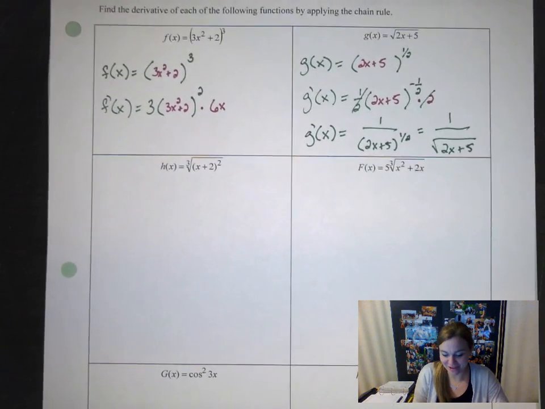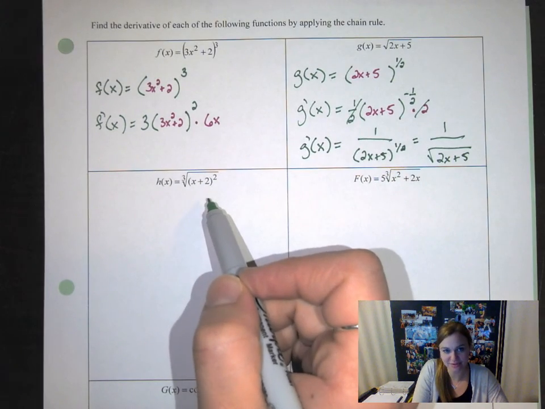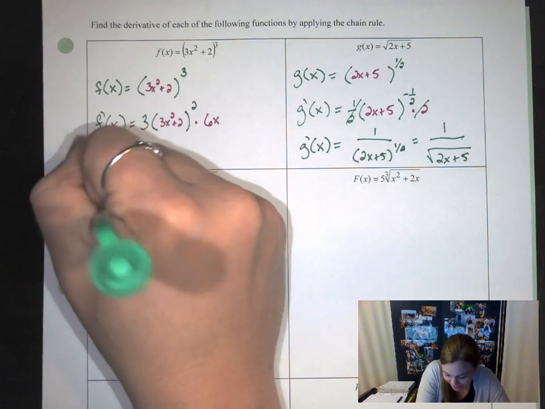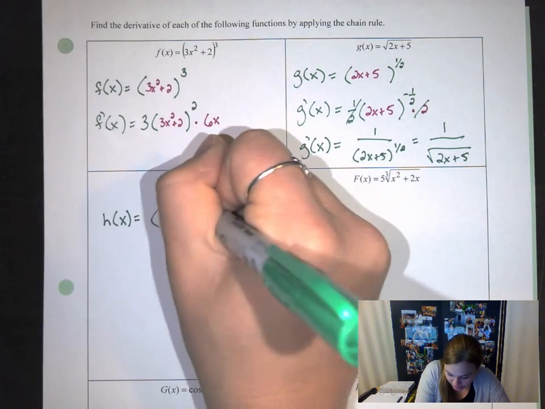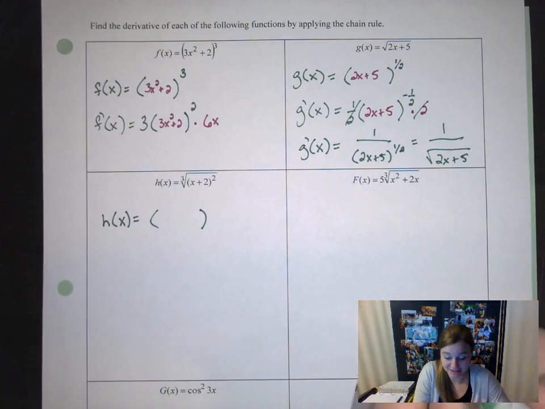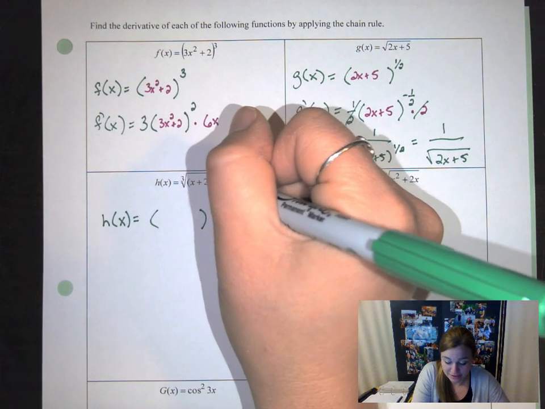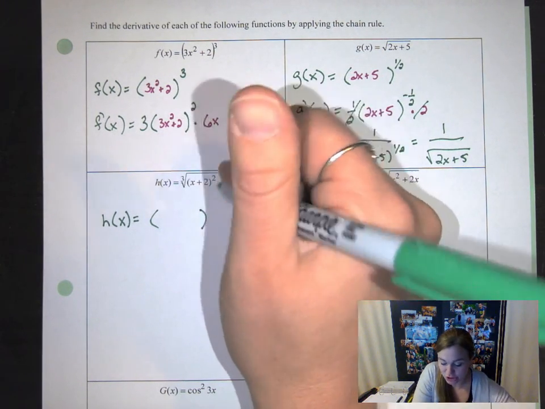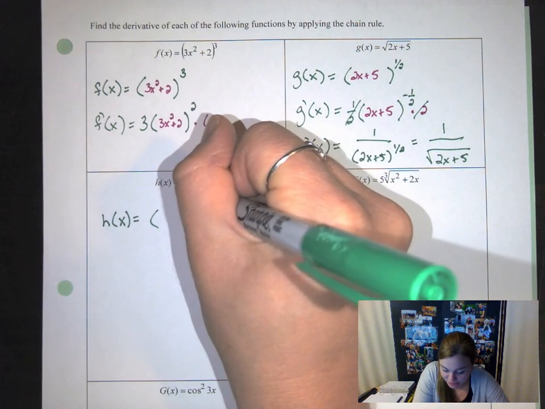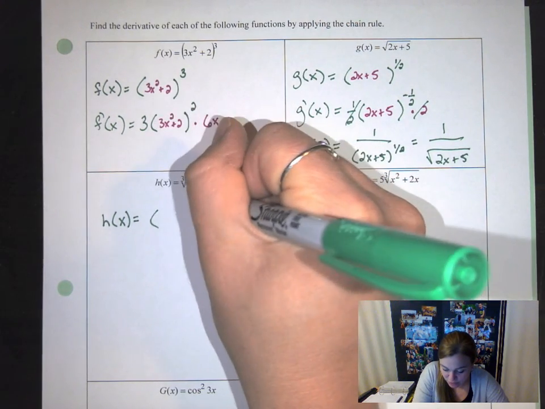Okay, moving right along. Oh, this one looks gross. It's not so bad. Let's rewrite it. So I'm going to have something raised to a power again in this one. And the power is 2/3. So I'm raising to an exponent of 2 and a root of 3.